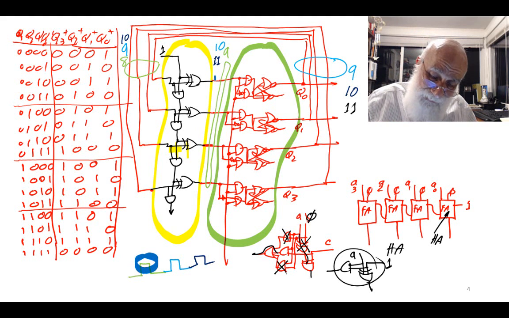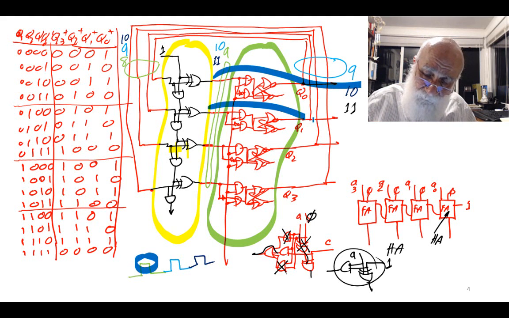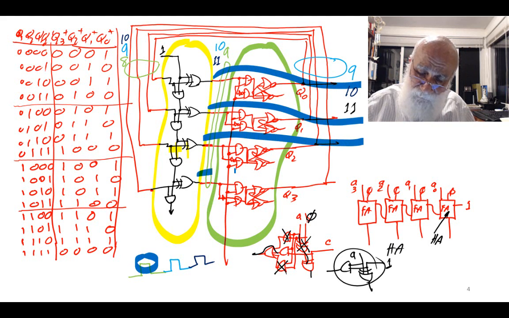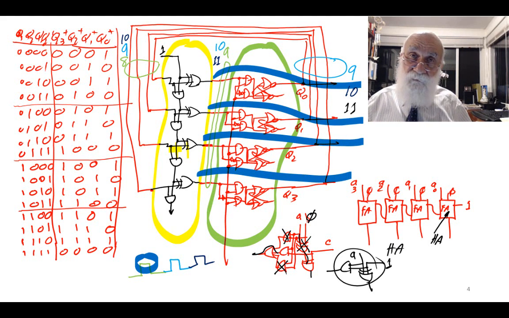It means that whatever is here goes here, whatever is here goes here, whatever is here goes here, and whatever is here goes here.